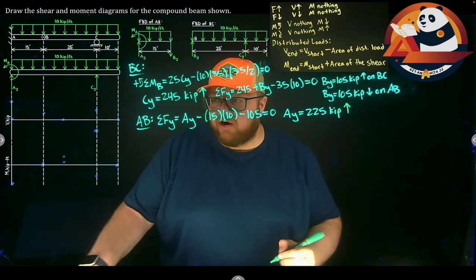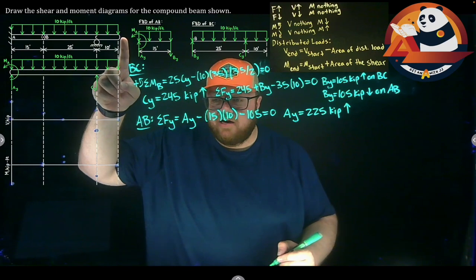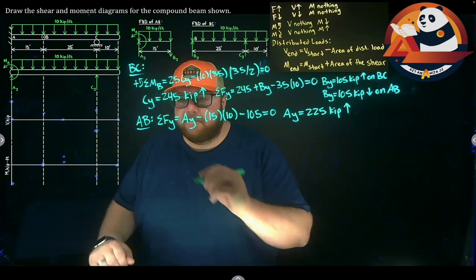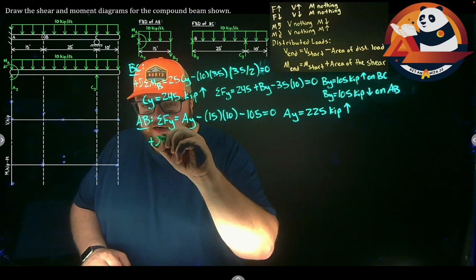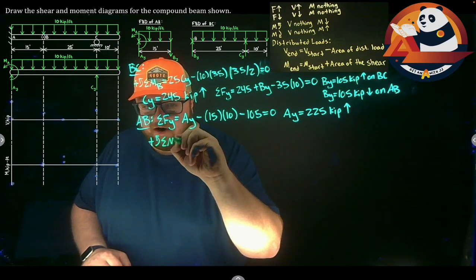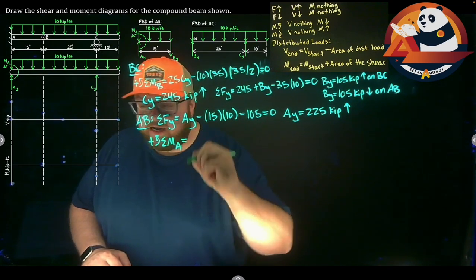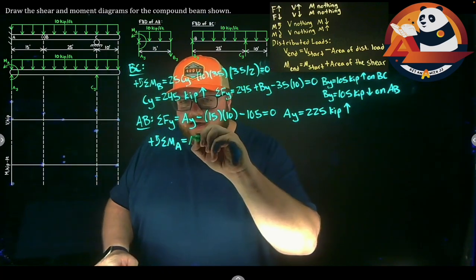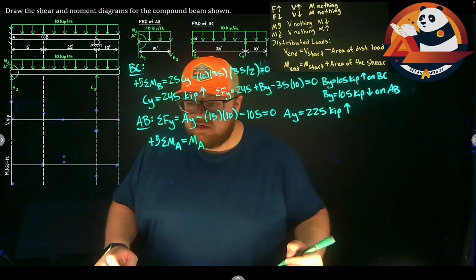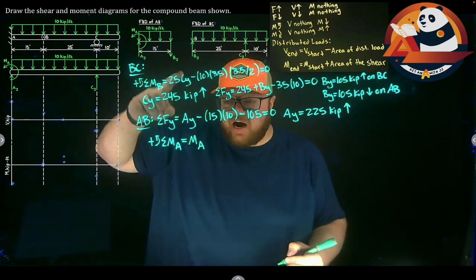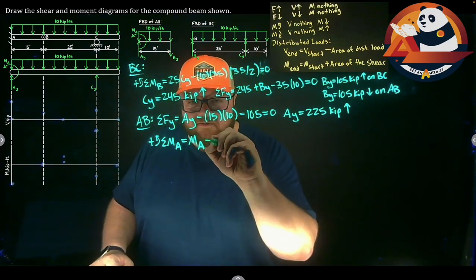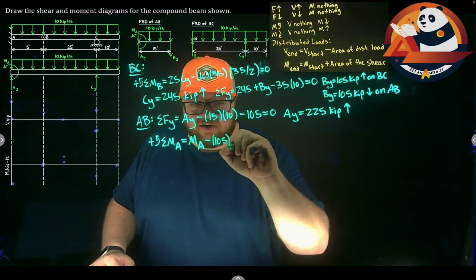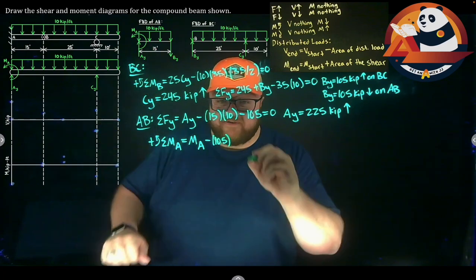We have one last support reaction, the one everyone tends to forget. We need to get that moment. We can do that by summing moments anywhere we want, with positive going counterclockwise. Let's sum up our moments about point A. I have a variable here, MA. So MA, my BY will cause a clockwise rotation. So minus BY, 105 force times my distance, which is 15.